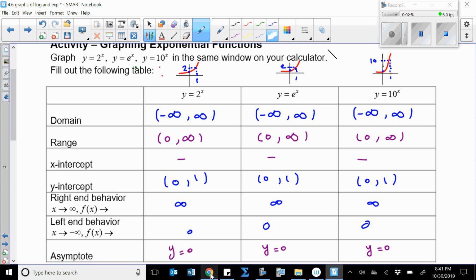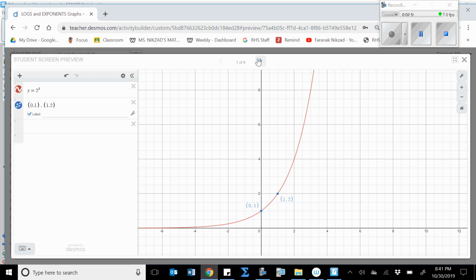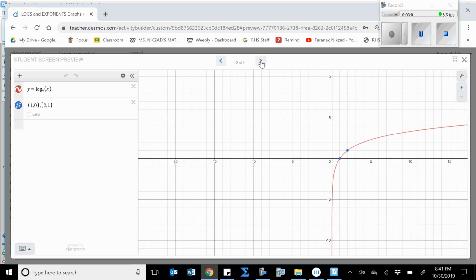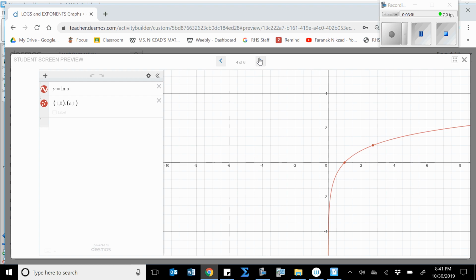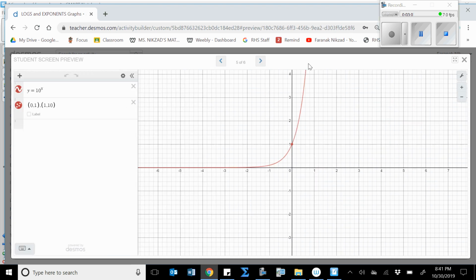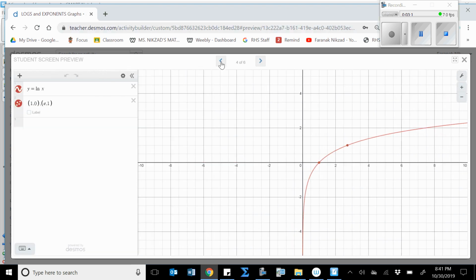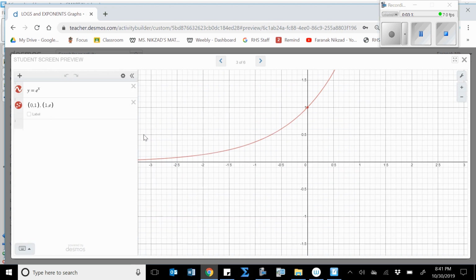If you check the functions e to the x and 10 to the x here, we will see that the general form of the functions e to the x and also 10 to the x are the same. For all these three functions, the domain is from negative infinity to infinity, the range is 0 to infinity, and the x-intercept does not exist.